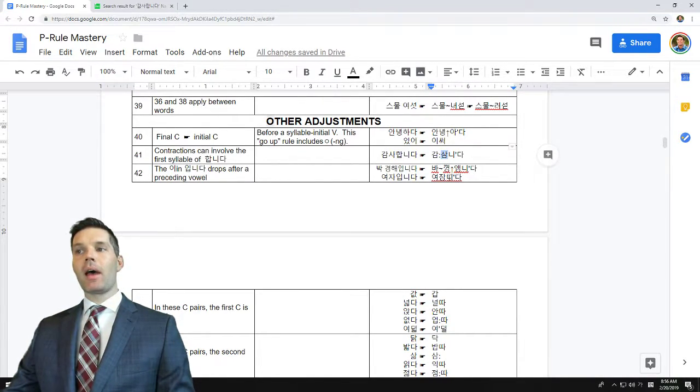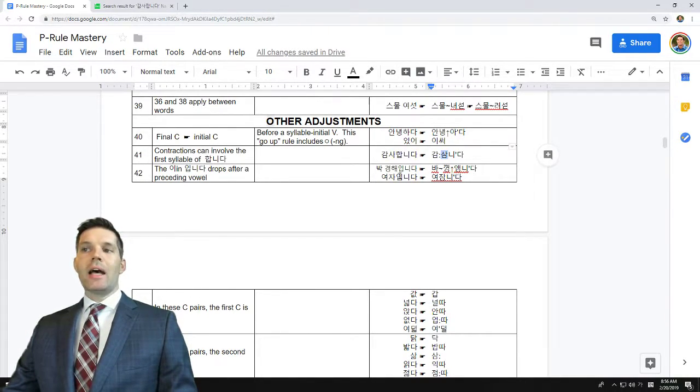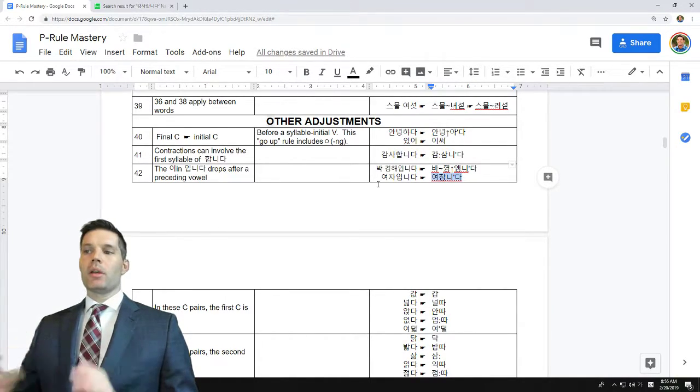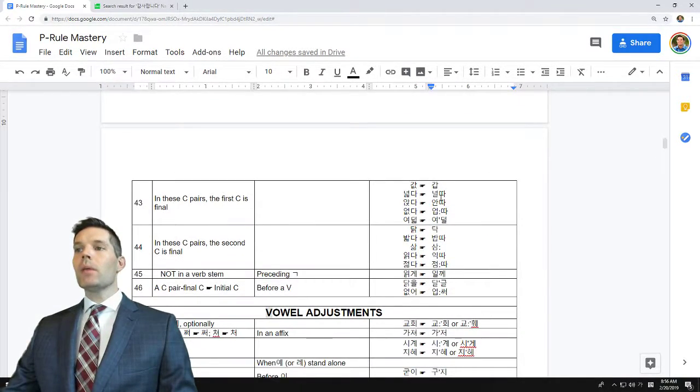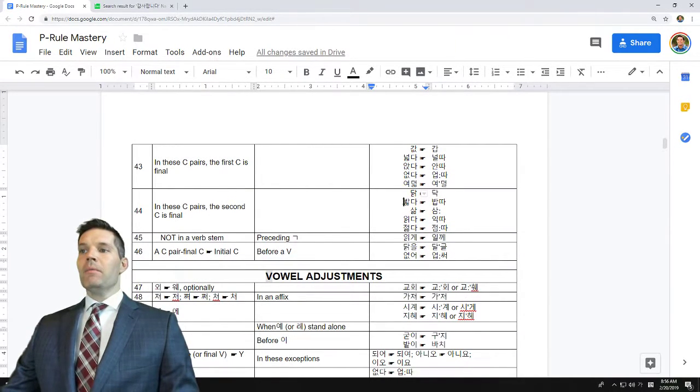박경애입니다, 여자입니다. You could still put, if you're taking the test, you could still put like 여자입니다, but a lot of times this is going to become contracted. Then we have 갑, 넓다 instead of 넓다, 앉다, 없다, 여덟, 낮, 밟다 instead of 밟다.